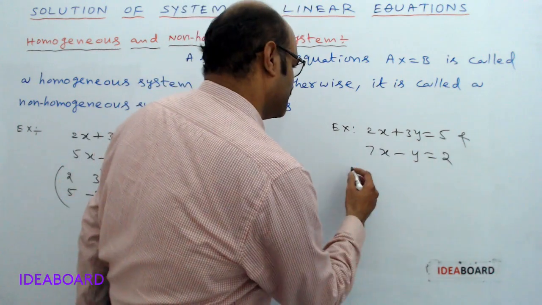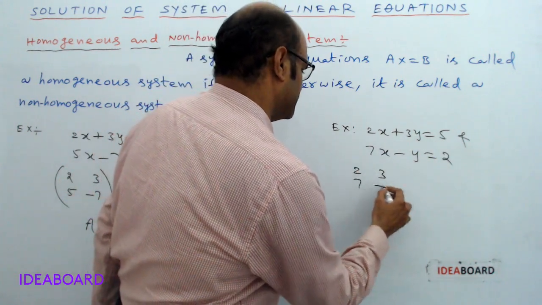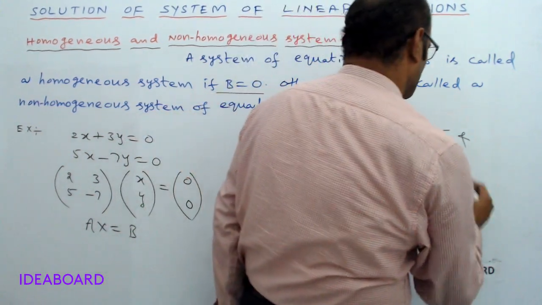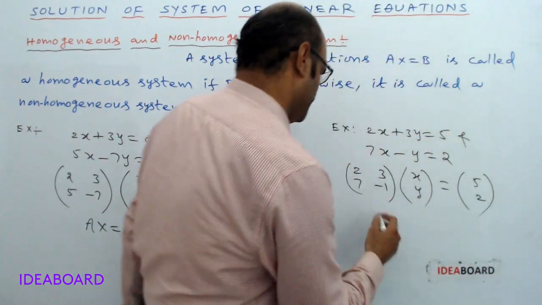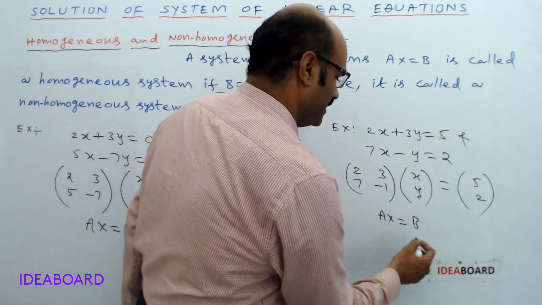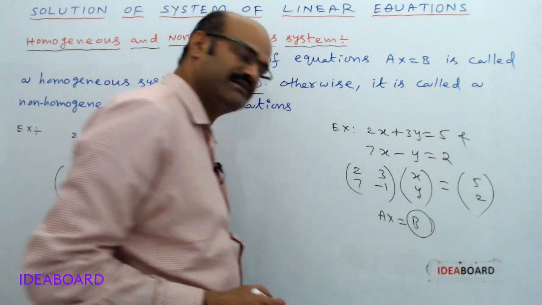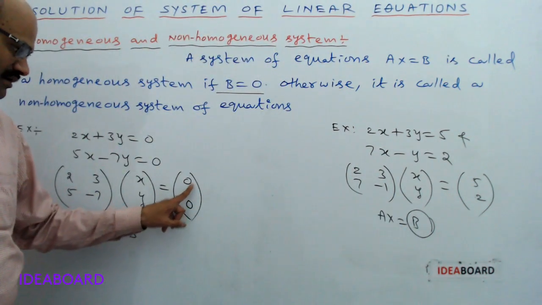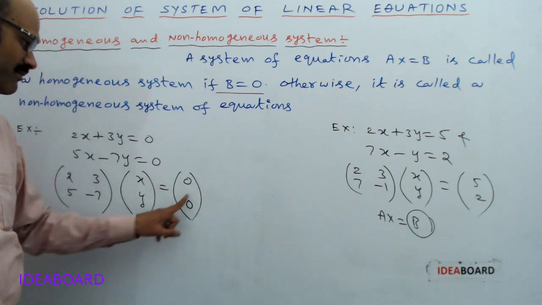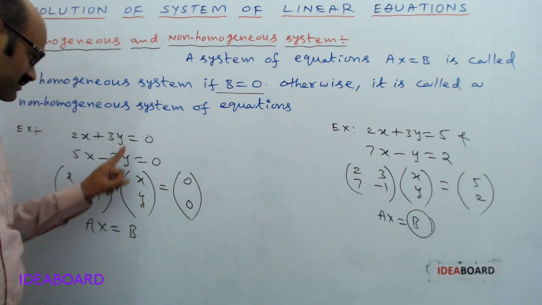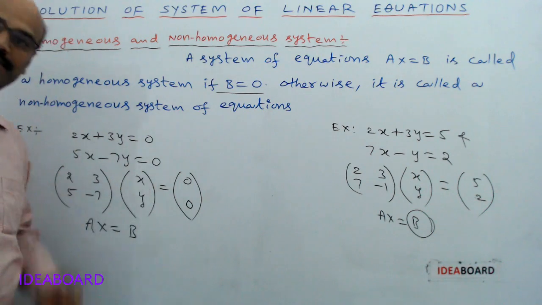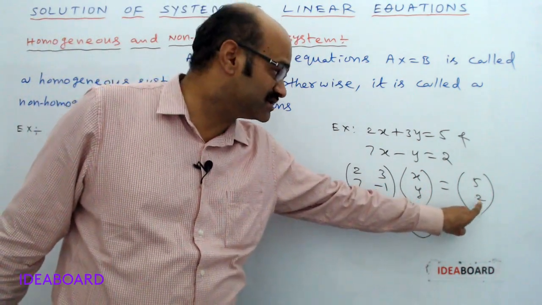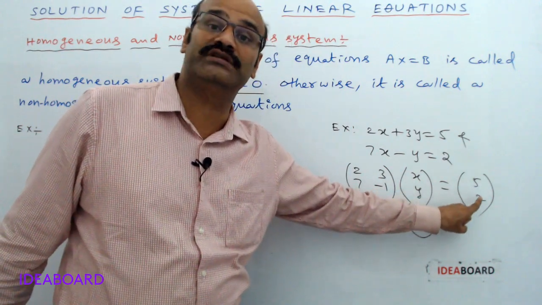The matrix equation is 2, 3, 7, minus 1, into x, y, equal to 5, 2. AX equal to B, and here B is not a null matrix. When B is a null matrix, the system is said to be homogeneous. When B is not a null matrix, the system is said to be non-homogeneous.